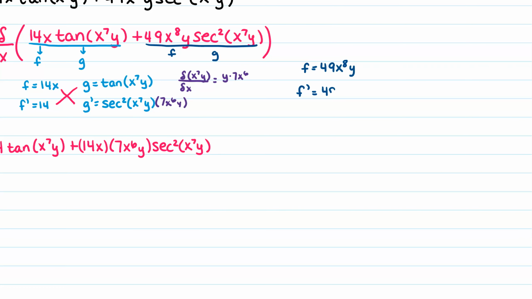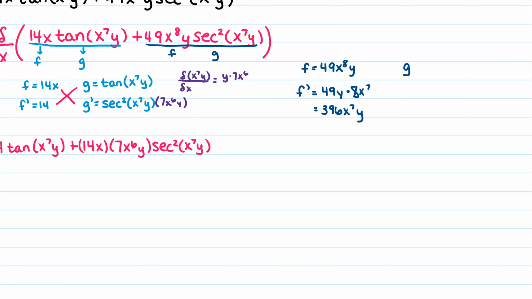So you've got 49y, and then you want to times that by 8x to the 7th, just a regular power derivative. So now 49 times 8 is what, 396? So this is 396 x to the 7th y.